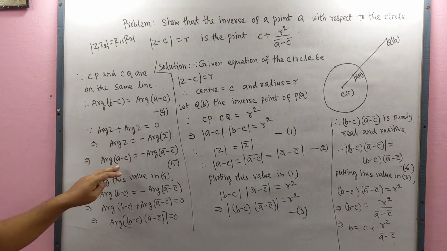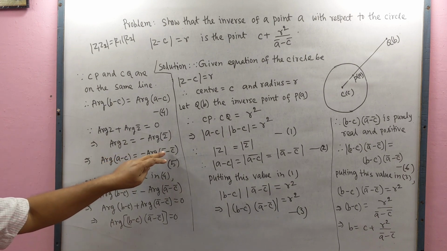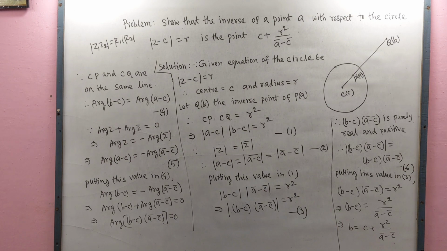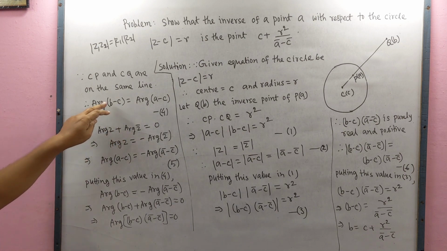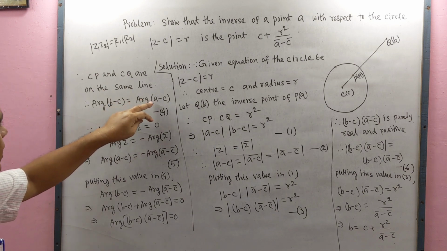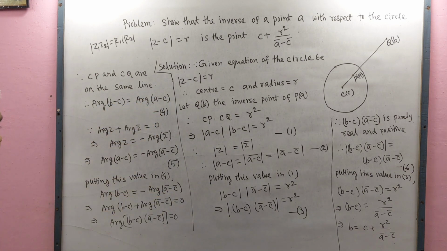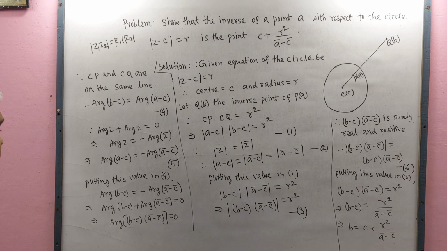In place of Z, if we write A minus C, Z bar is A bar minus C bar. So, putting this value in 4, we write argument of B minus C equal to minus argument of A bar minus C bar. Taking left side, argument of B minus C plus argument of A bar minus C bar equal to 0.